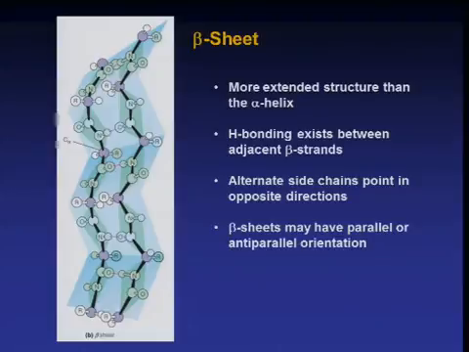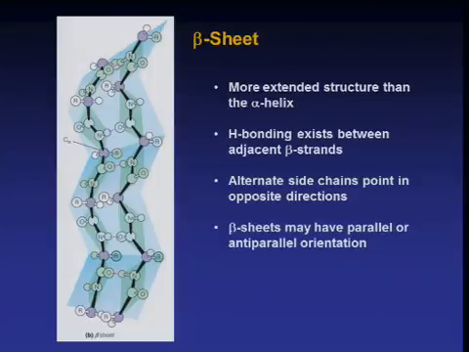Okay. So let's go to a beta sheet now. Remember, a beta sheet is a secondary structure. So we're talking about atoms, we're talking about amino acids that are close in the primary structure. So this beta sheet, we see here this main chain, this backbone, right?